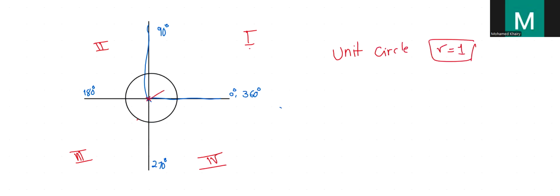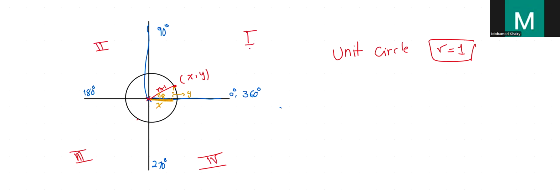So what is the coordinate for this point generally? It's x and y. How can I get x and y? This is my initial side, and this is theta, and this is x and y. Let's create our right triangle. The vertical distance represents y, and the horizontal distance represents x.